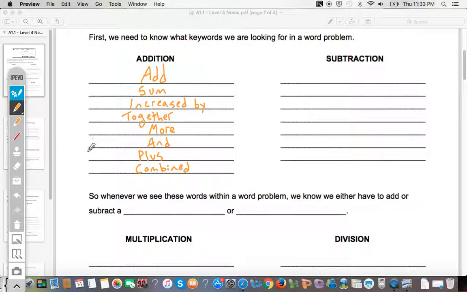Are these all the words that mean we have to use addition? No, but these are the most common ones that you will come across.